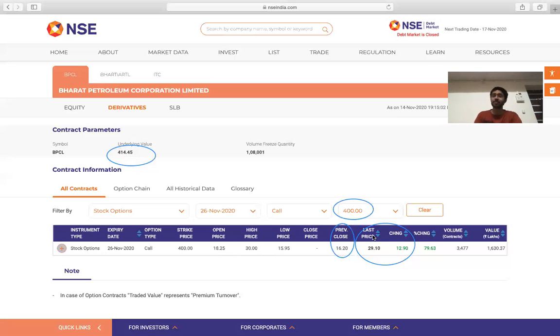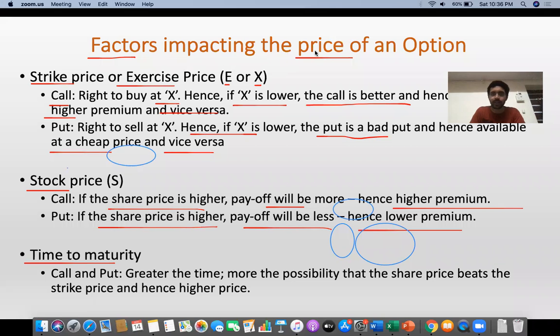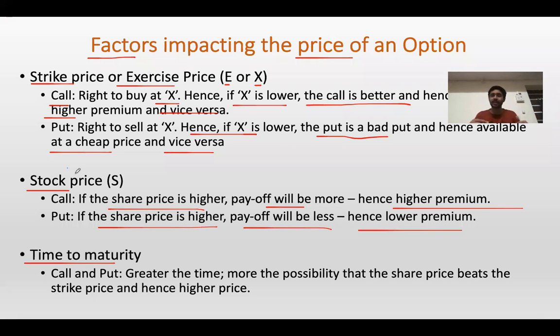In the theoretical example that I took, I have to erase this. So in the example that I took over here, when explaining this piece, I took two options having the same strike price of 100, one having a spot price of 120, and the other having a spot price of 107.